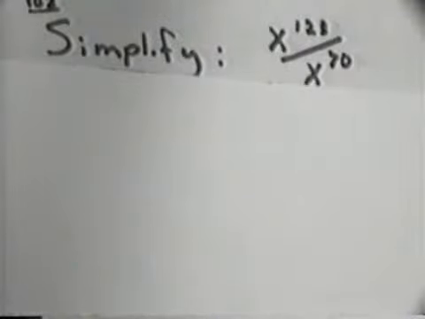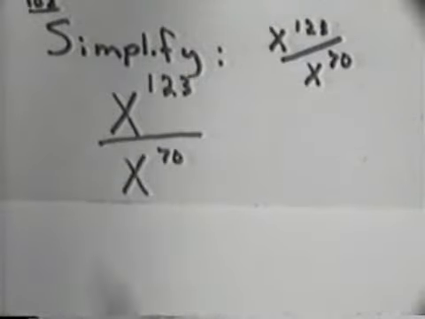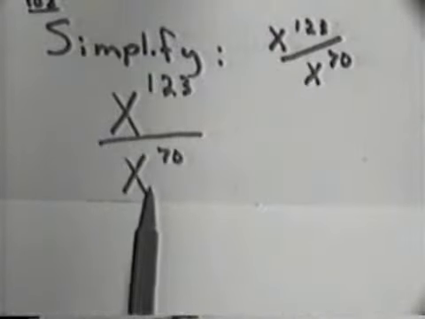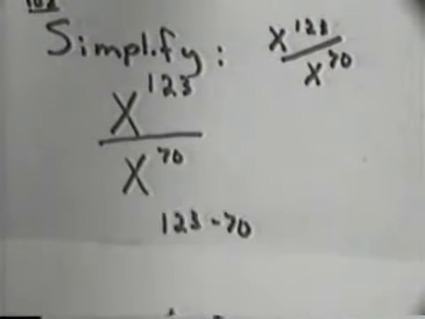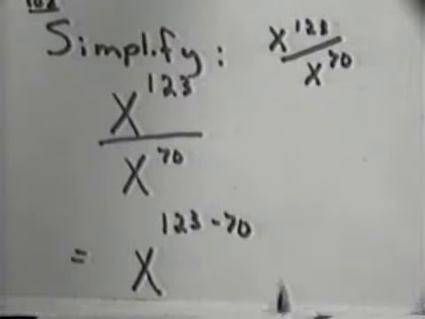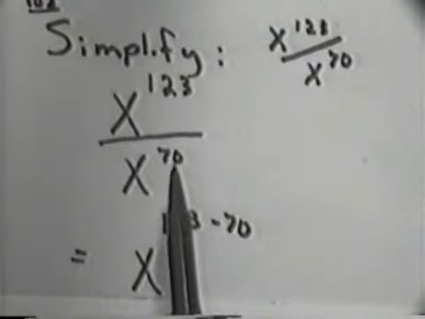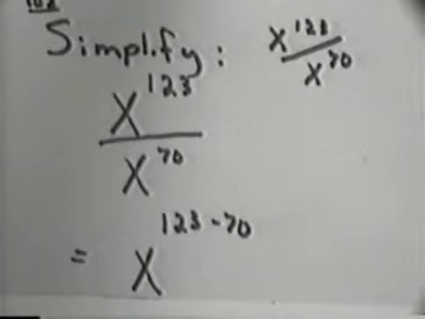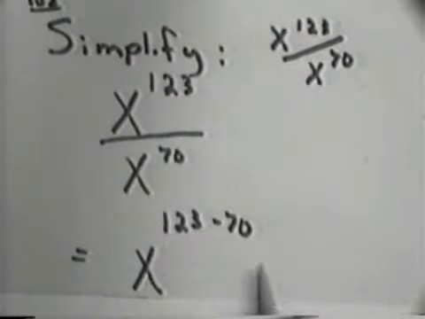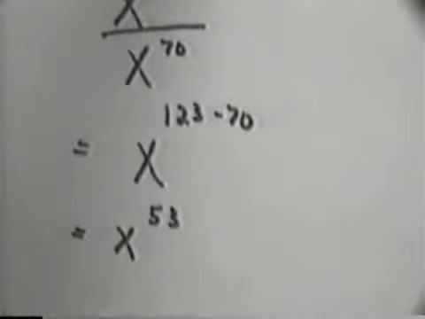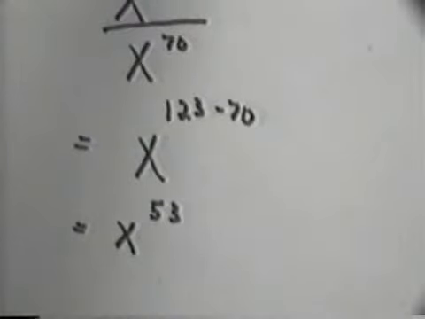To simplify powers having the same base, and they do have the same base x, I keep the base and I subtract the exponents. The top exponent minus the bottom exponent. So it's going to be x to the 123 minus 70. Either do that in your head or use a calculator to get the answer as x to the 53rd.